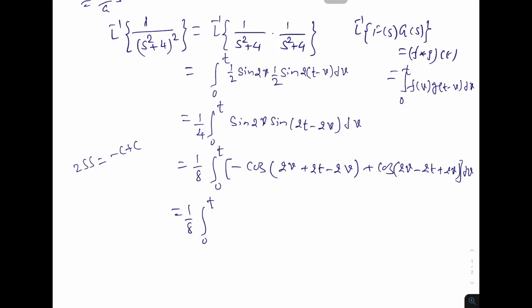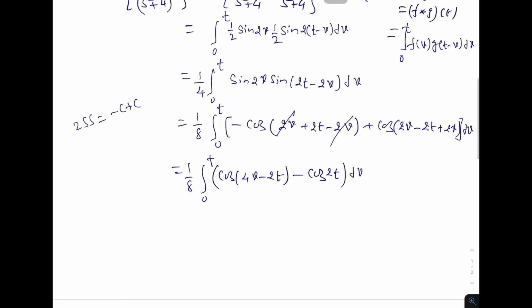So this is 1 by 8 times the integral from 0 to t. Let us write this part first: cosine of (4v minus 2t) minus cosine 2t, dv. Now we take the integration.